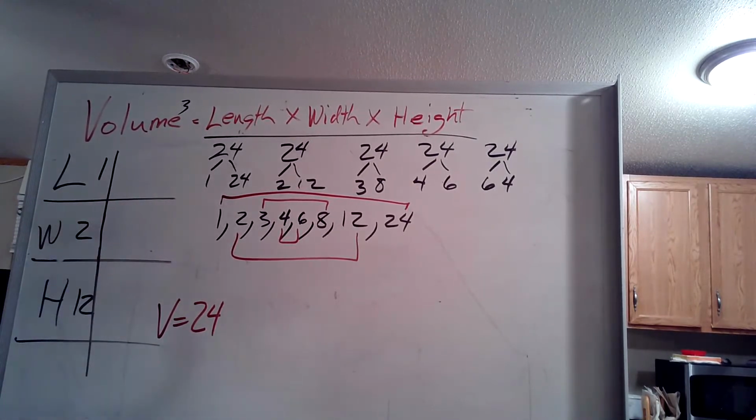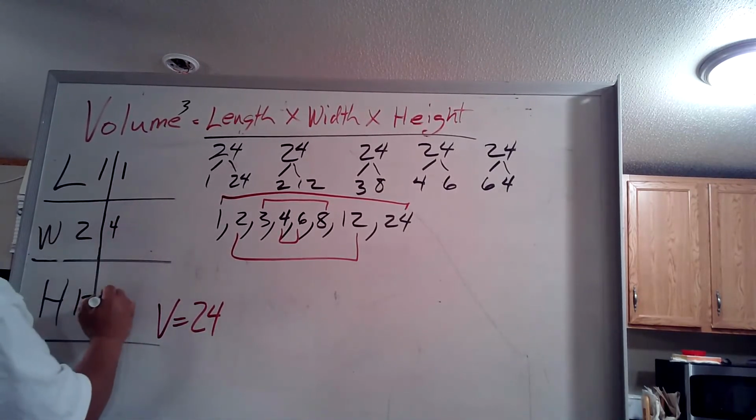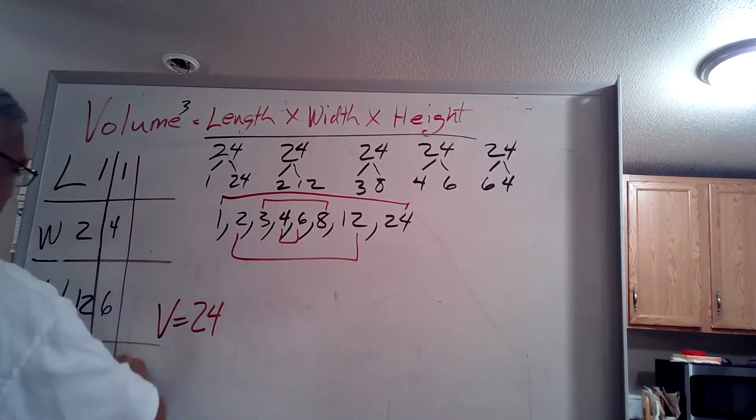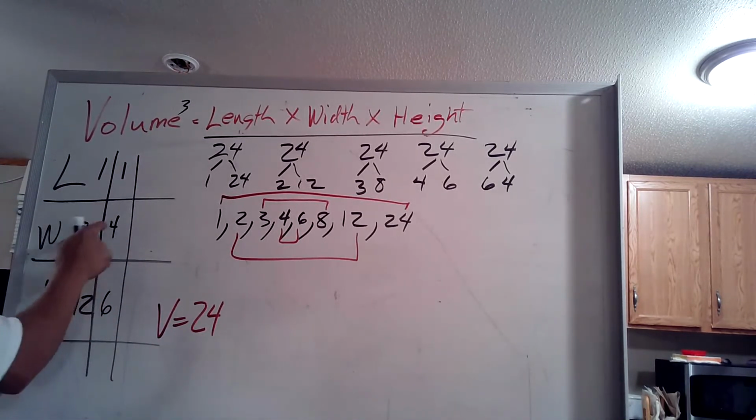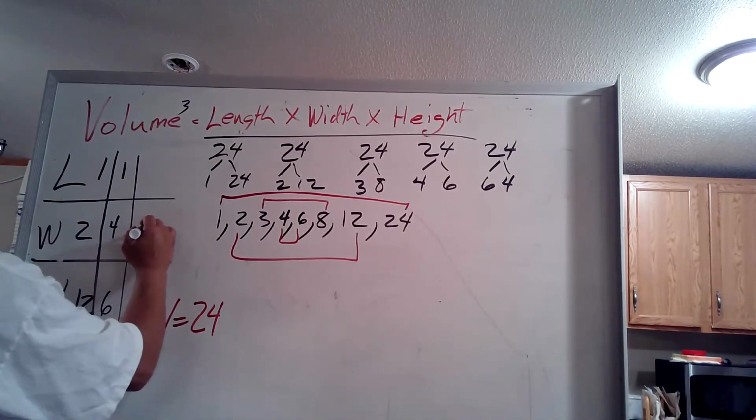Okay, that's one possibility right there, because 2 times 12 is 24. 24 times 1. Yes, that is one I can use. Ooh, I could also go 1 times 4 times 6. Why? Because I know 4 times 6 is 24.